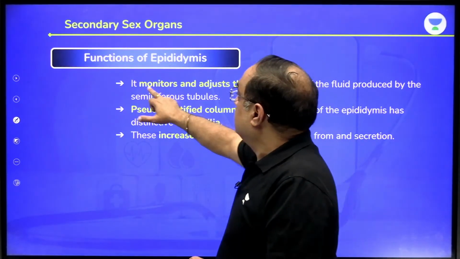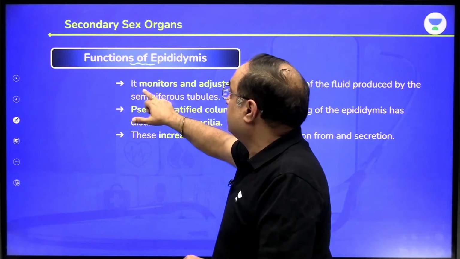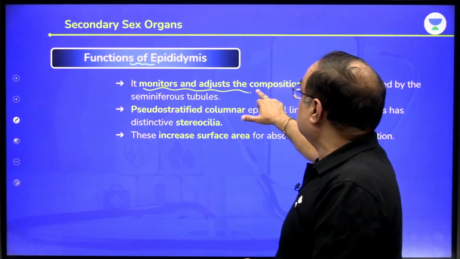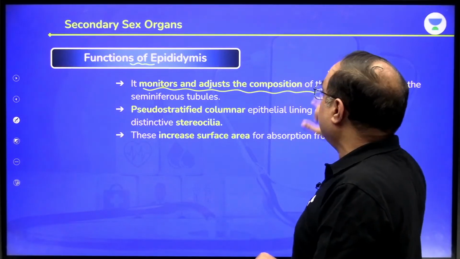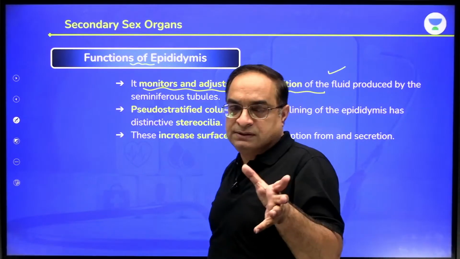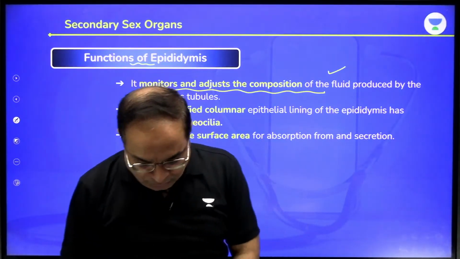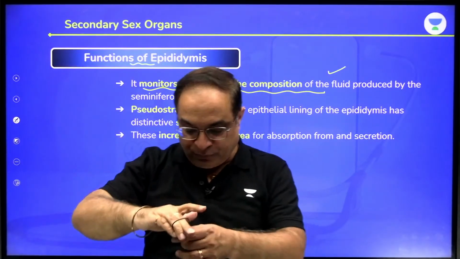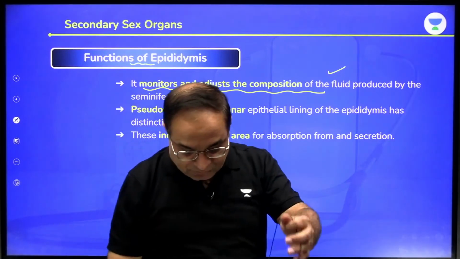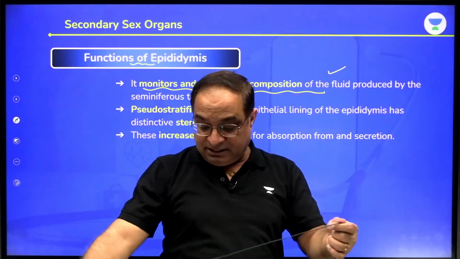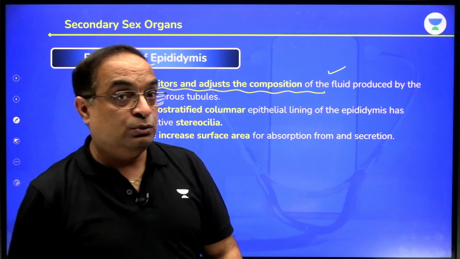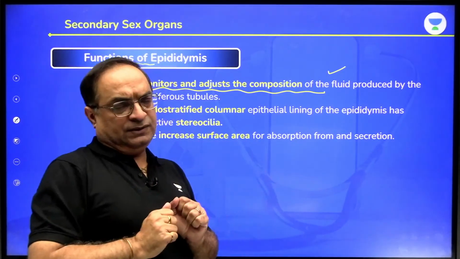Now, functions of epididymis: it monitors and adjusts the composition of fluid produced by seminiferous tubules. Seminiferous tubules are present inside the testes. Continuously they are producing a fluid. That fluid which is continuously produced by the seminiferous tubules passes into epididymis.